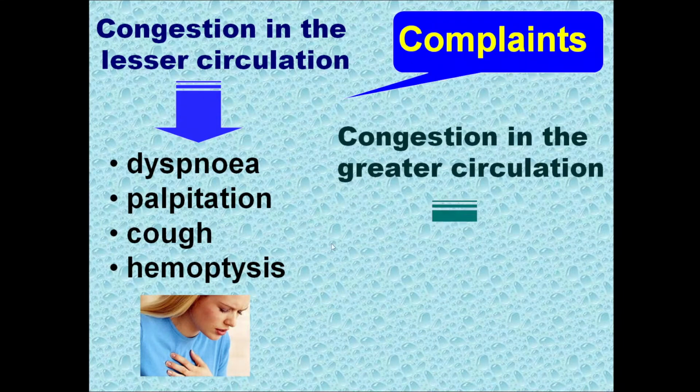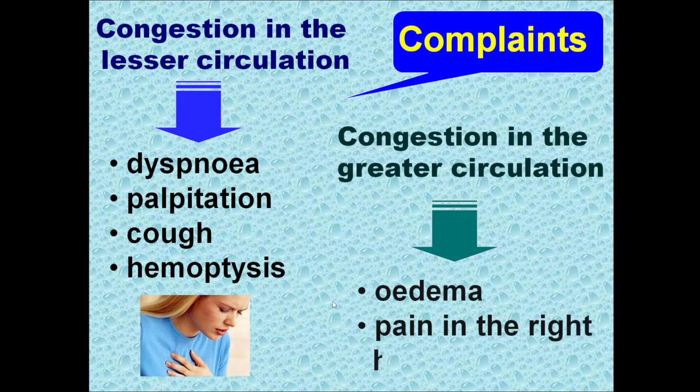Congestion in the greater circulation is manifested with edema, first of all on lower extremities, and then discomfort and pain in the right hypochondrium due to distension of the liver due to delayed blood. If you were attentive at the last lecture, you easily understand the problem of the patient.